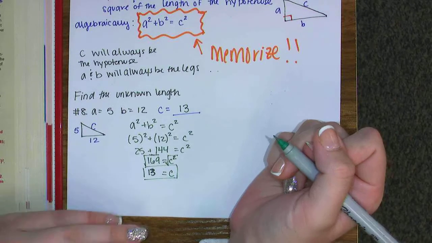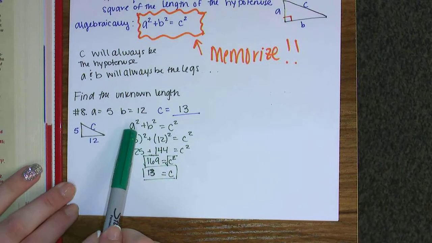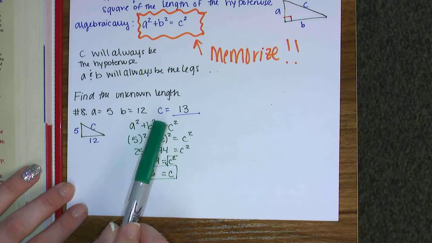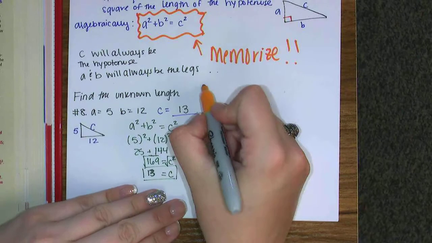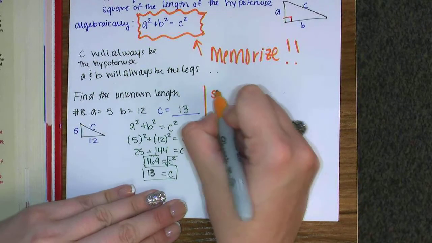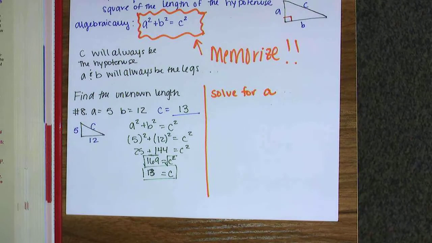Now, I'm going to show you, if I were to need to solve for A or B, what the formulas look like. So, basically, if I need to solve for A, let's see.